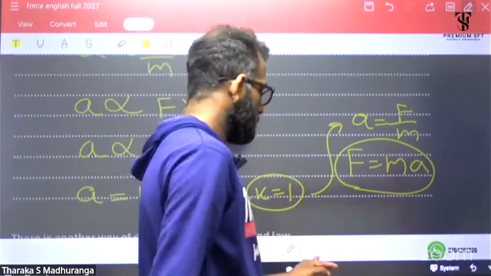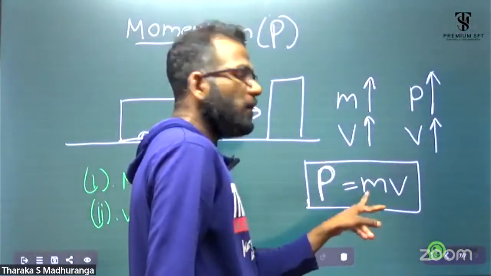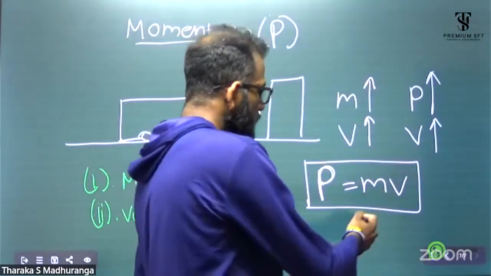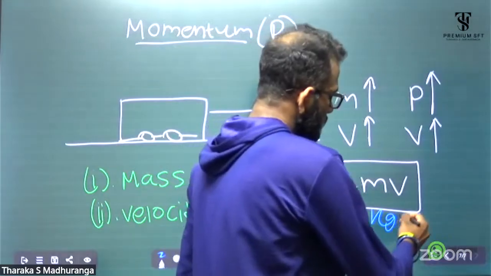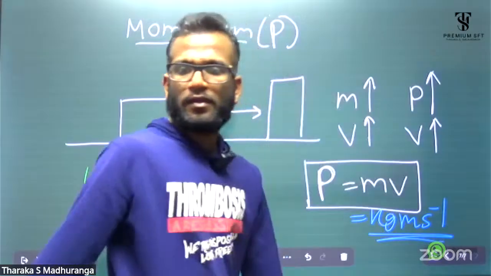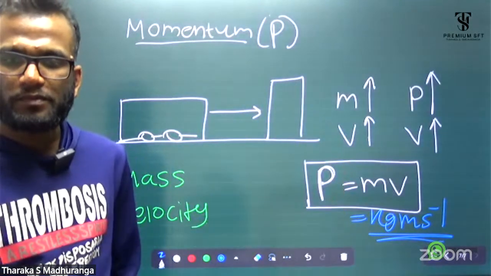P equals mv, so it is kilogram m s minus 1. Velocity is m s minus 1, not m s minus 2.